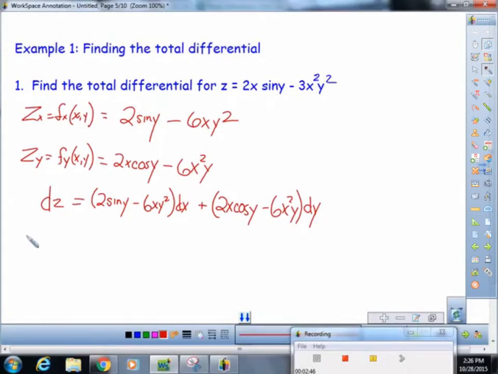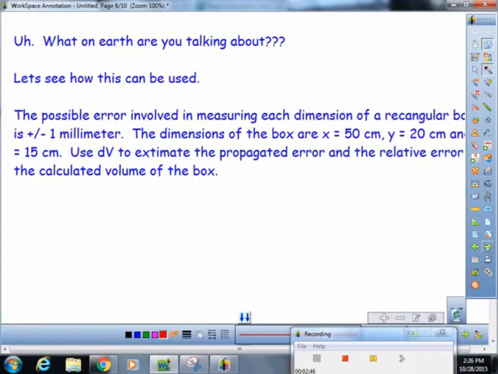That should be it for this one. I'm probably just checking my answers to make sure that I didn't make any mistakes by treating x and y as a constant. Okay, so what we're trying to be able to do here is predict our error, okay?